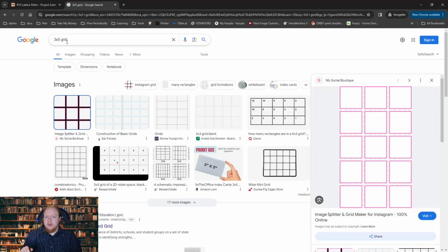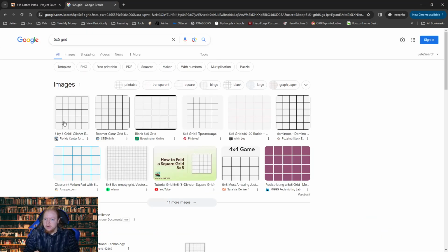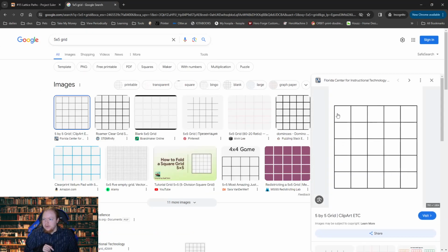What we want to do is, let's pull back up our 5 by 5 just for purposes of thinking things through. Okay, so this is our 1, this is our n, this is our 2 by n, 3 by n, 4 by n.